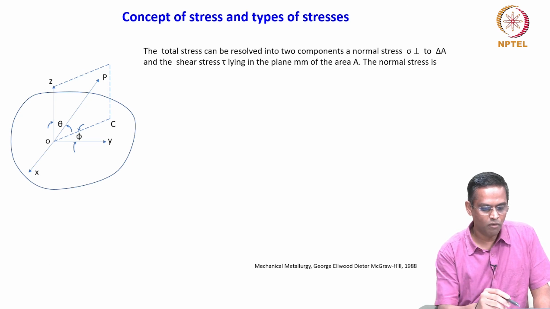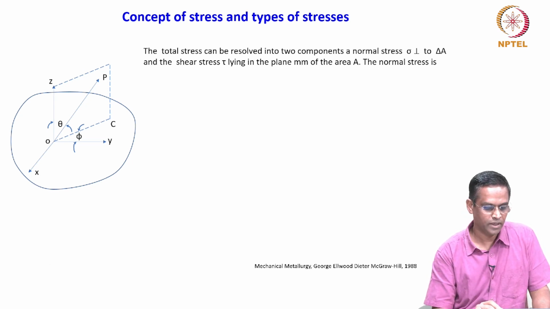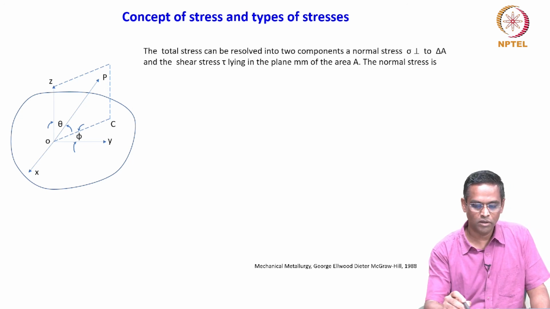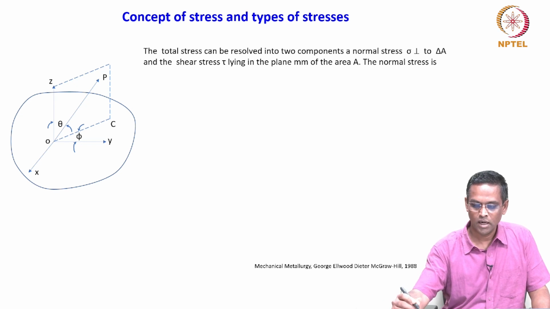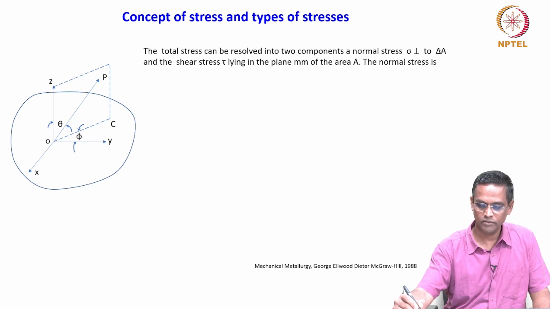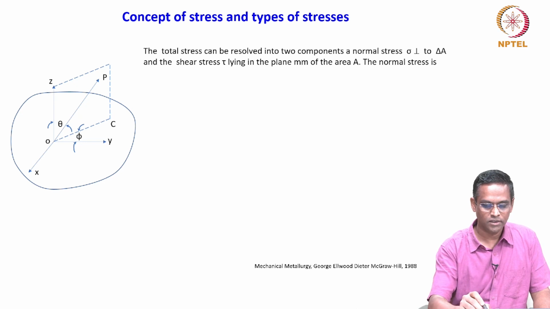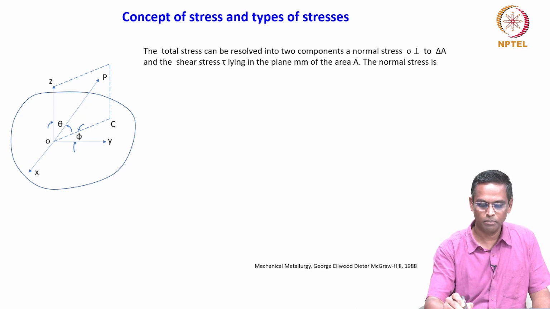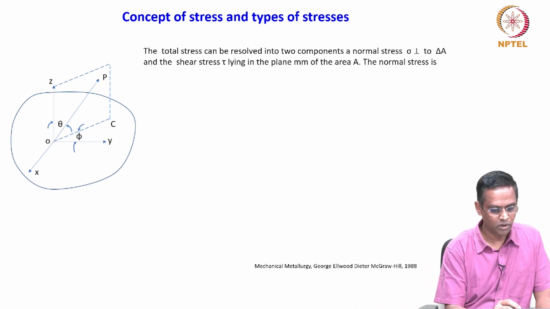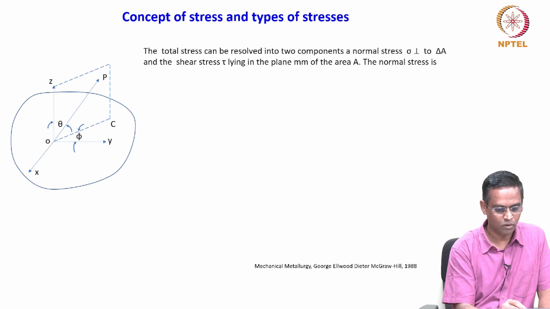The sigma we refer to is a total stress that can always be resolved into two components: a normal stress sigma, which is perpendicular to the area of cross section or the area of interest where we define the origin O, and the shear stress tau lying in the plane mm of the area A. The same coordinate system is given here.